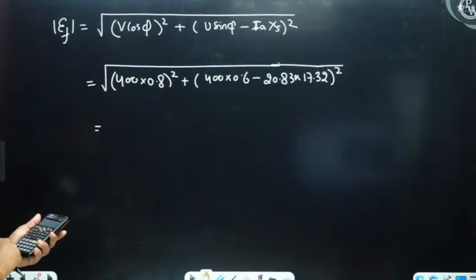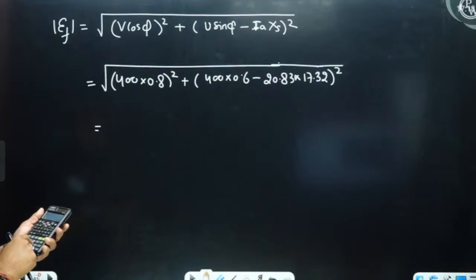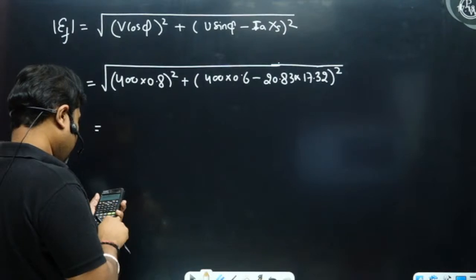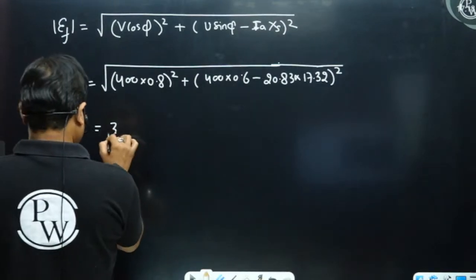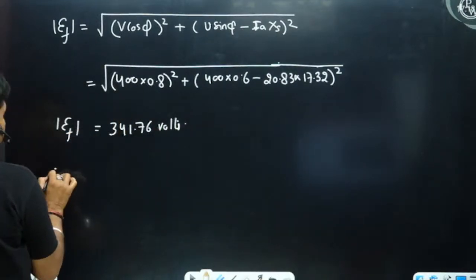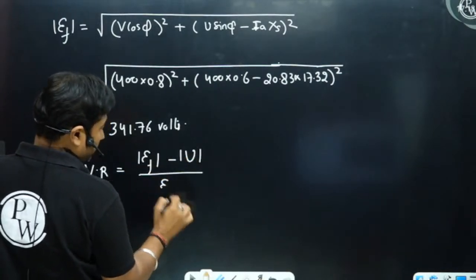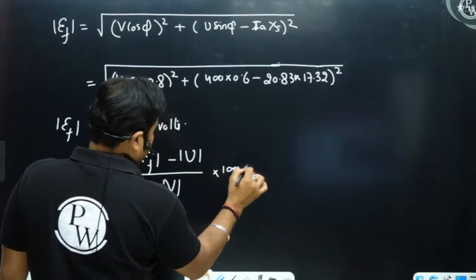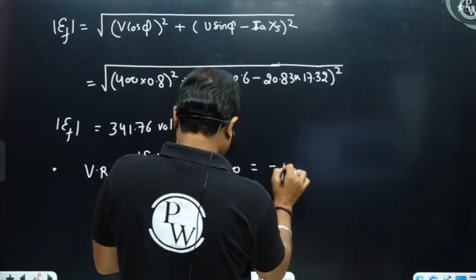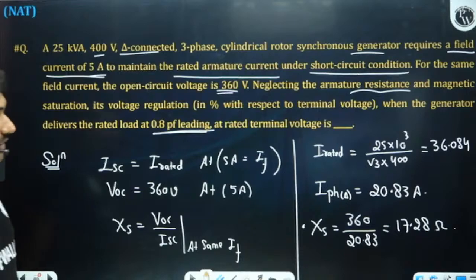So this will become (400 into 0.6 minus 360)² plus (400 into 0.8)², square root over, answer 341.76 volts. Once you have EF magnitude, voltage regulation will become (EF magnitude minus V) upon V into 100, which is 341.76 minus 400 divided by 400, so minus 14.55%.